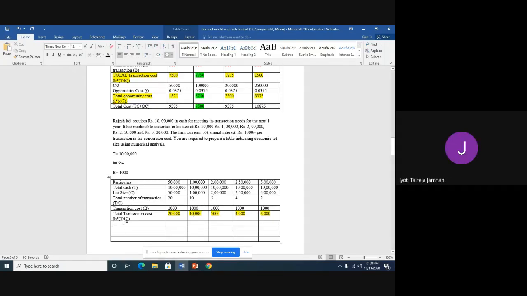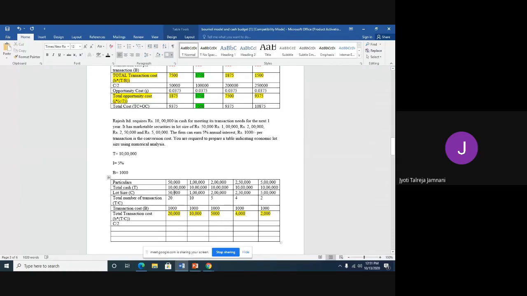Now we will find the opportunity cost. To find the opportunity cost, first we need the average cash balance. To find the average cash balance, we have to do C by 2. So C I have already taken here, the lot size. If you can see this column, we have the value of C. We have to just divide by 2 to find the average.